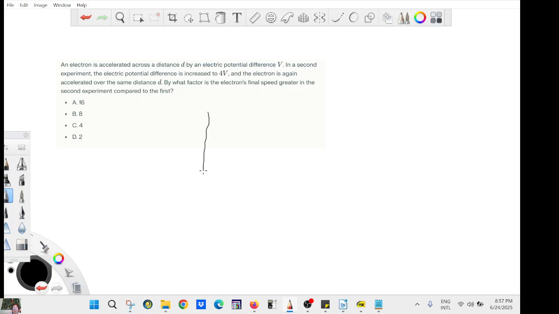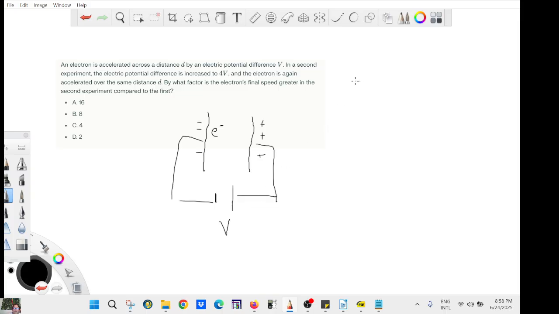Okay, let's say you have something like this, and let's say this is minus, this is plus, and here you have an electron. You place it here, and it's going to accelerate across a potential V.